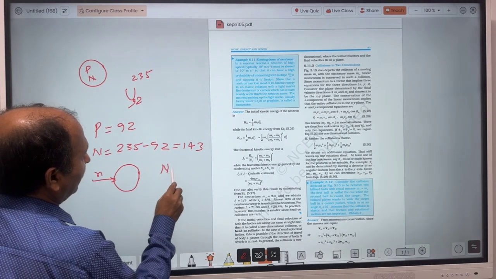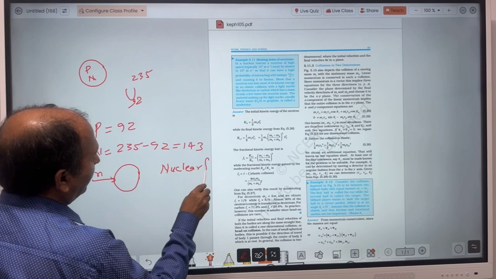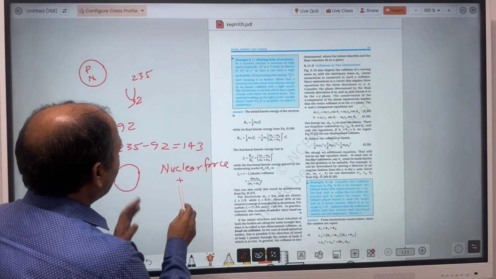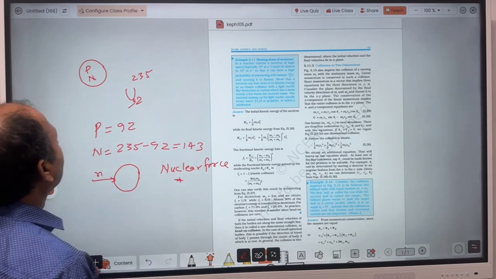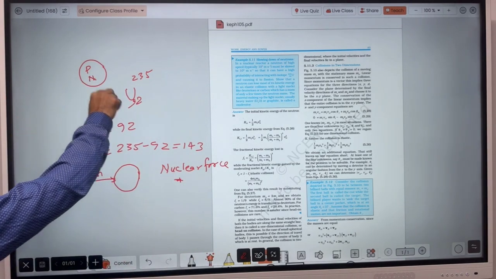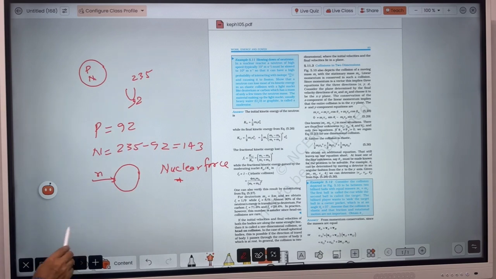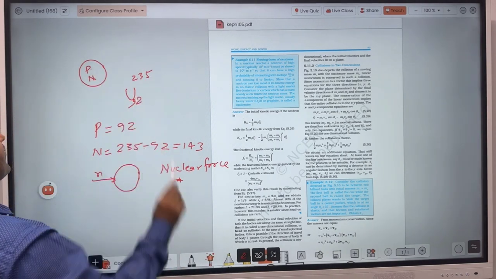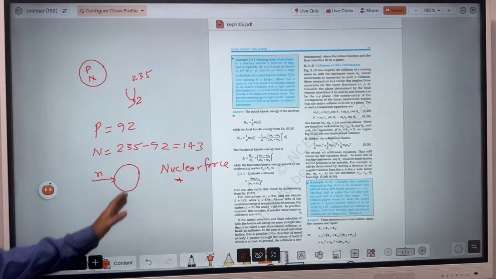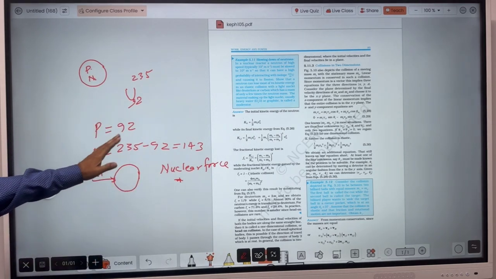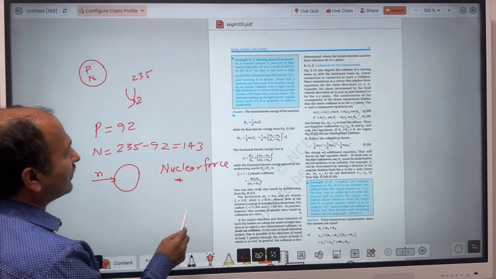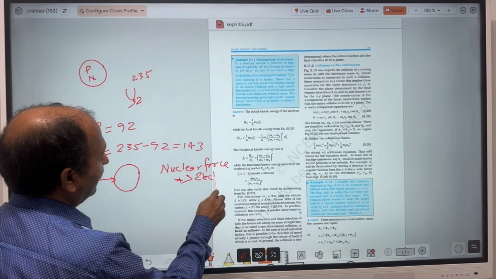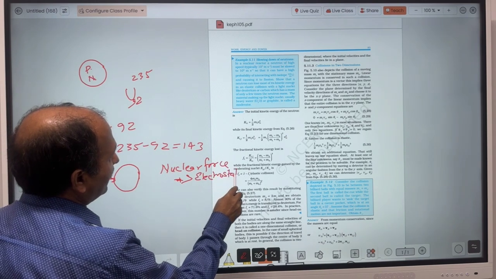One is the nuclear force, which is always attractive, so that binds all protons and neutrons together. But there is also the electrostatic force, since protons will repel each other. In general, the nuclear force dominates the electrostatic force, so the nuclear force is greater than the electrostatic repulsion force.